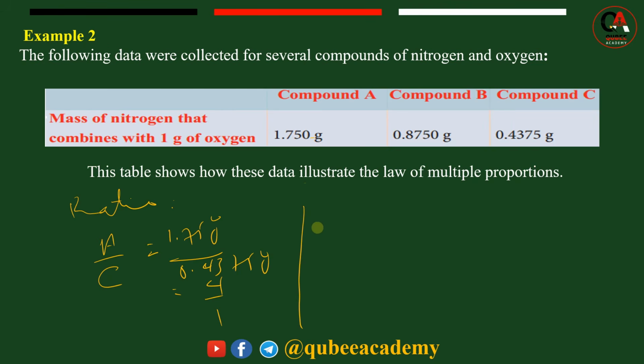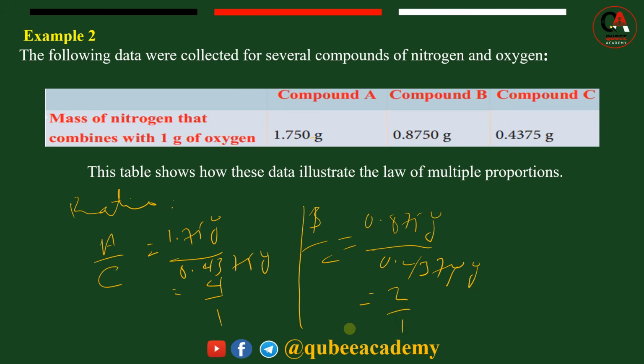Likewise, for the amount of nitrogen in compound B and in compound C, looking at B over C, there is 0.875 gram of nitrogen in compound B while there is 0.4375 gram in compound C, which is a ratio of 2 to 1.